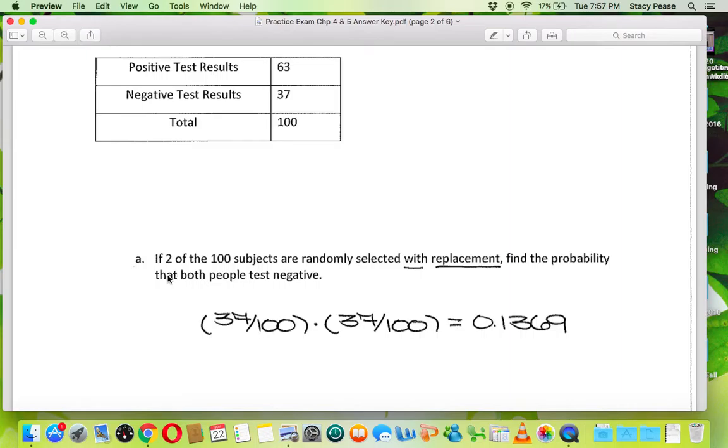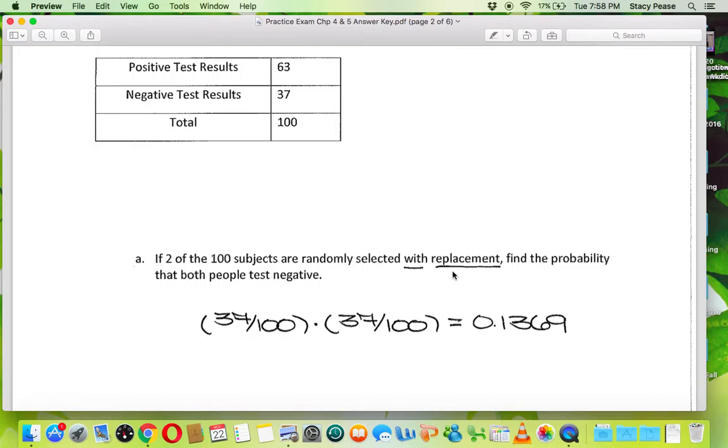So part A says if 2 of the 100 subjects are randomly selected with replacement, we want to find the probability that both test negative. Okay, well, with replacement and without replacement, let's just do a quick review on that. With replacement means that the person gets thrown back into the sample and can be chosen again.